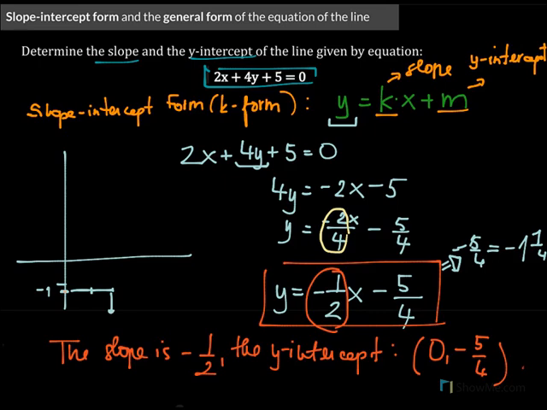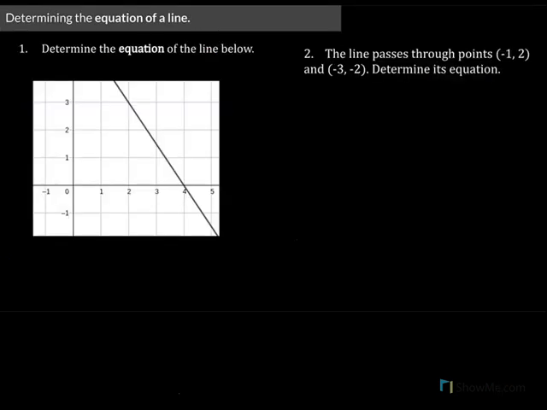So this is what my line roughly looks like. Luckily we were not asked to draw the line, just to find the slope and the y-intercept. And here, since y-intercept is a point, that's why we wrote both coordinates: 0 on the x-axis and negative 5 over 4 on the y-axis.